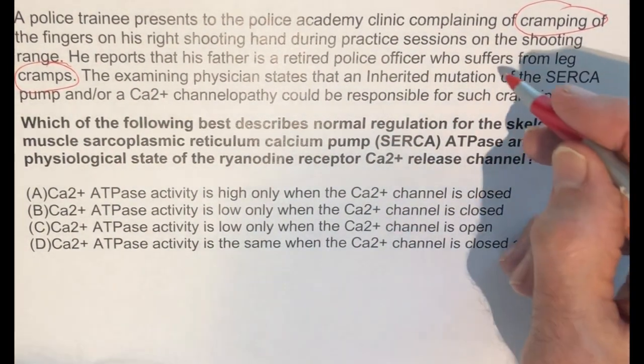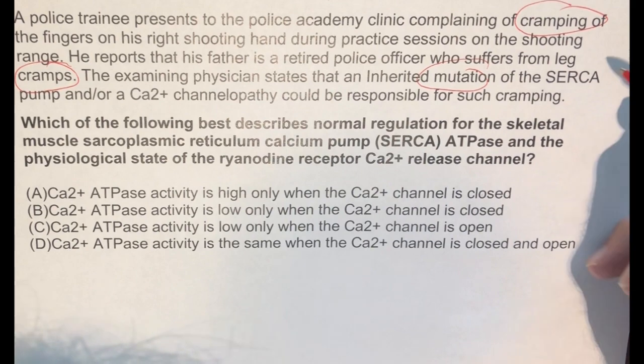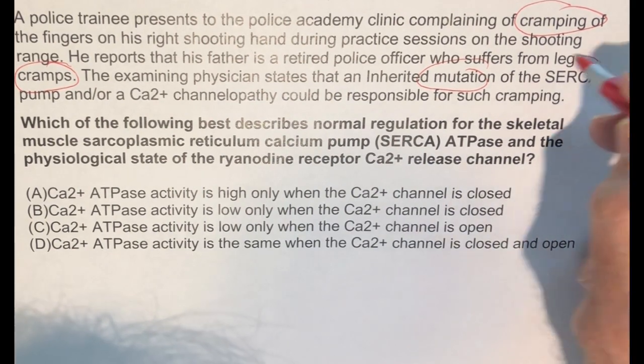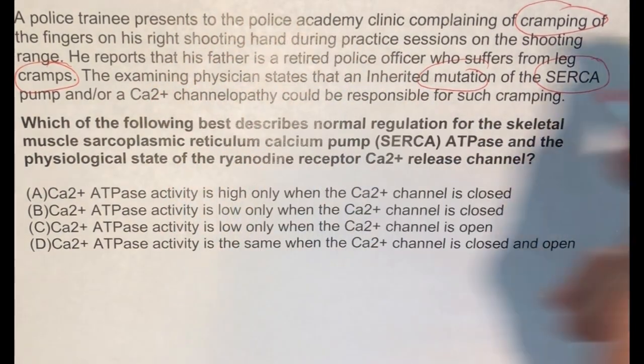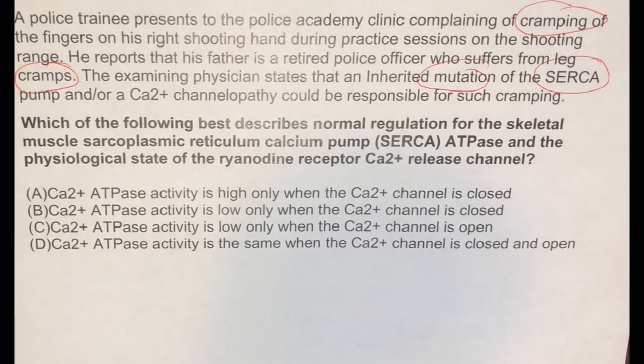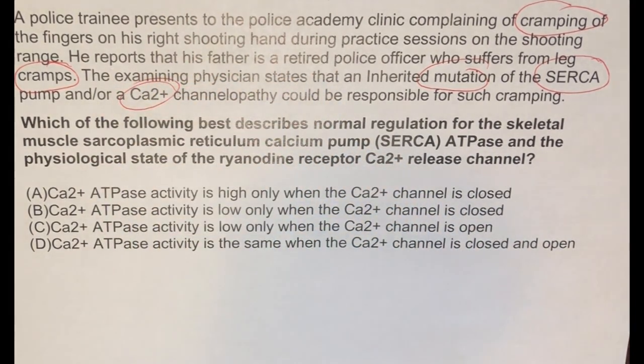So it makes sense that an inherited mutation of some muscle protein is suspected to be SERCA, or some channelopathy, which means a pathological function of a calcium channel, that could be responsible for such cramping.